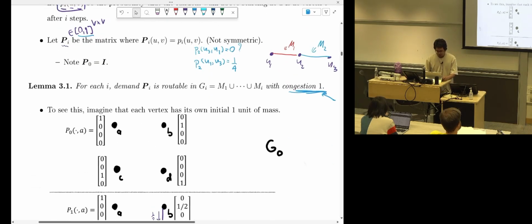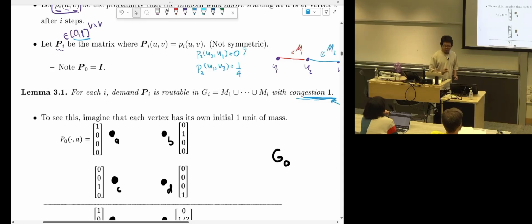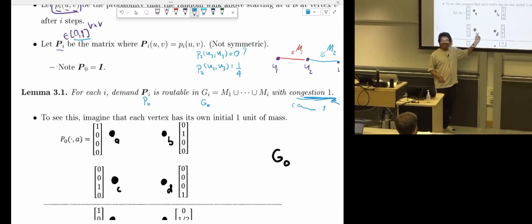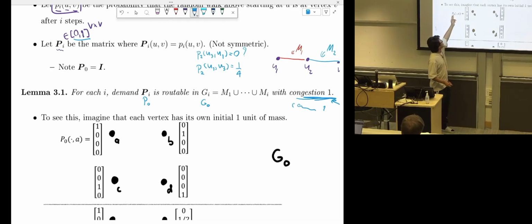To see this, let's prove it by induction. That is, P_0 is routable in G_0 with congestion 1. That's clear. So what does P_0 look like?